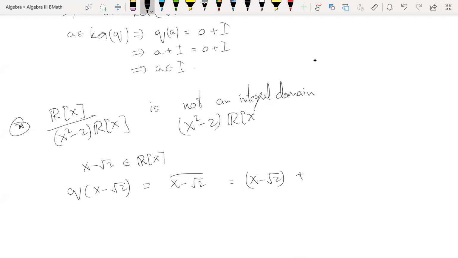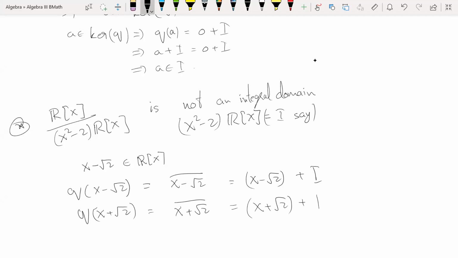And Q of x plus square root 2 is similarly x plus square root 2 bar, or x plus square root 2 plus I. These are elements of R[x], and I'm just applying the ring homomorphism Q to get elements in this quotient ring.